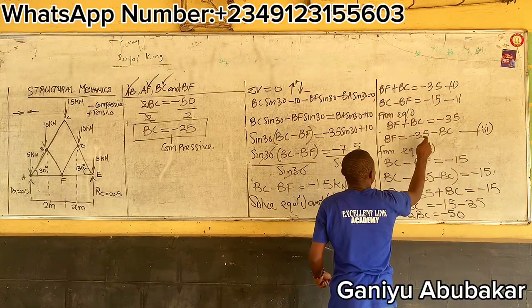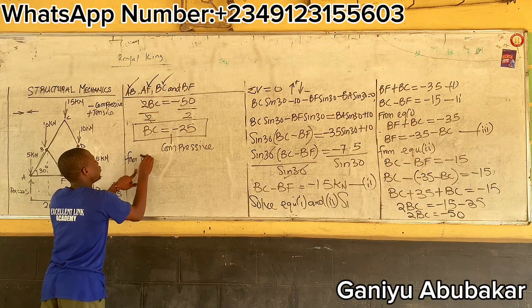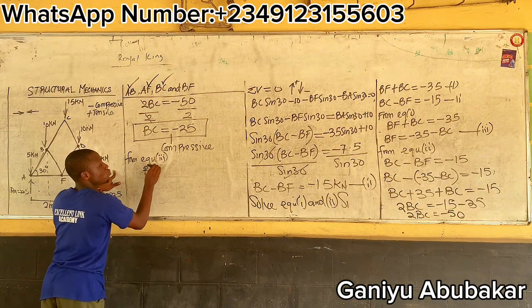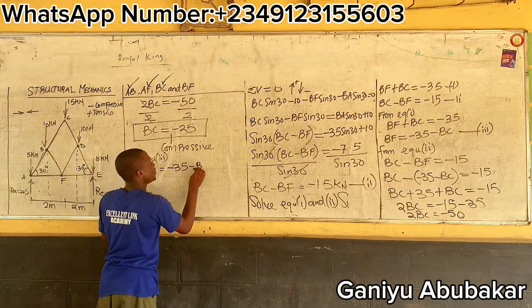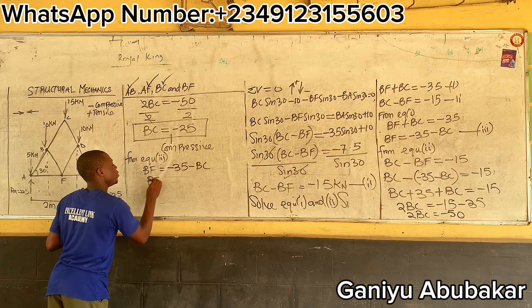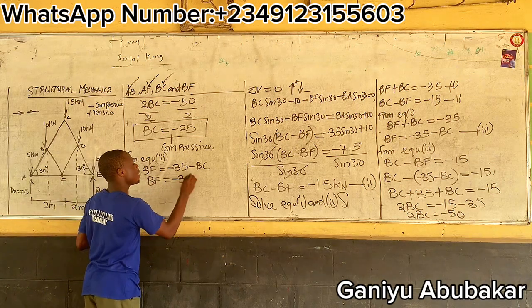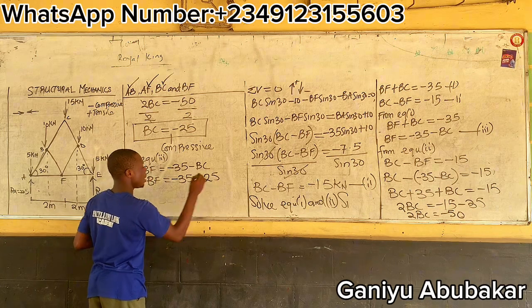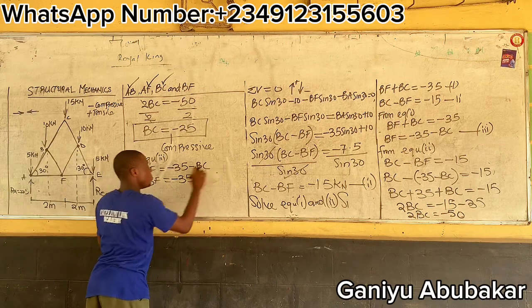So from here now, call it equation 3. From equation 3, that says BF is minus 35 minus BC. This becomes BF. Okay, minus 35. What's BC? Hold on. This is minus Abby.